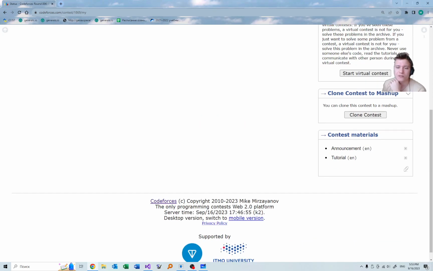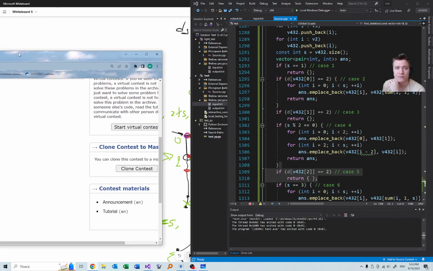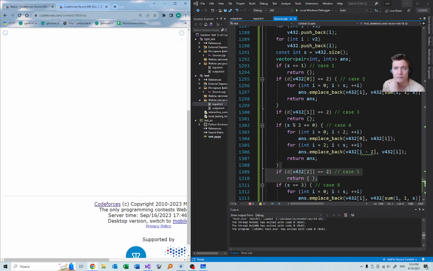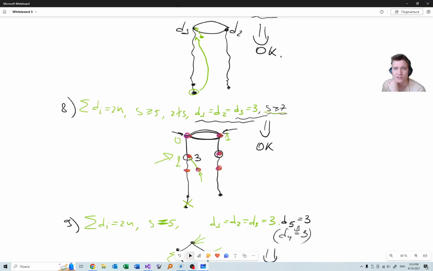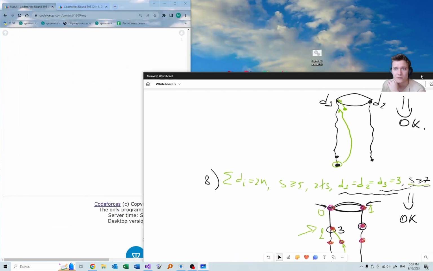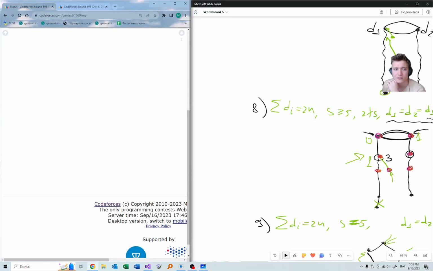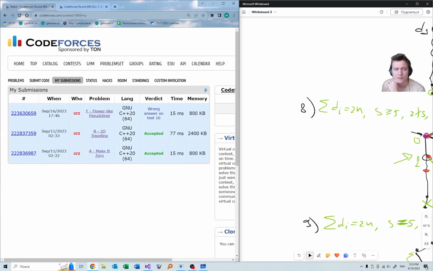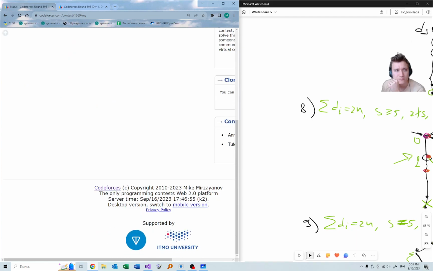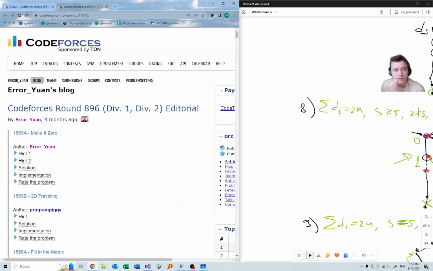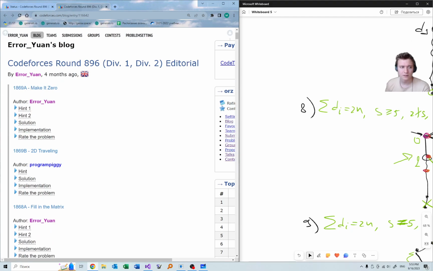I think what we can do is to compare our solution with the tutorial and find maybe the case which we considered and we did it incorrectly.